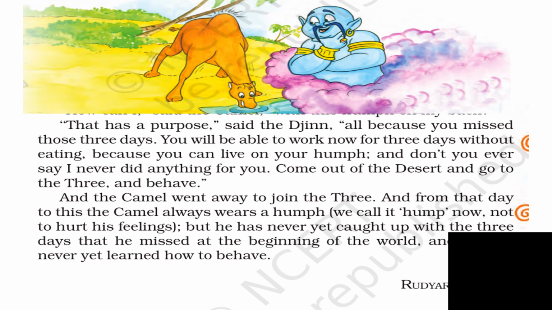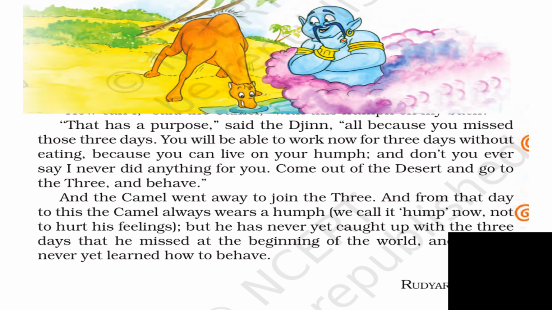Because you can live on your hump." It means he can absorb food from his hump. "And don't you ever say I never did anything for you." It means I gave you this hump, and this hump will help you stay hungry without any food.